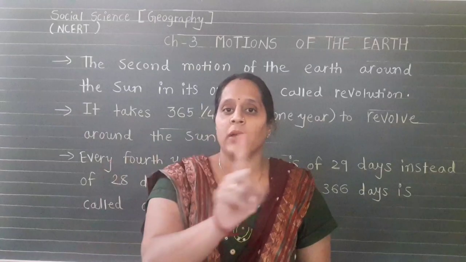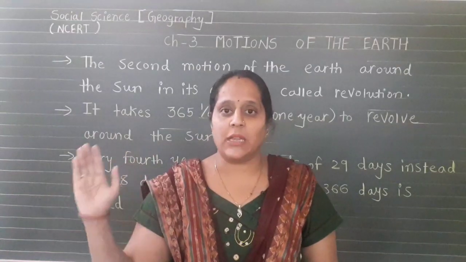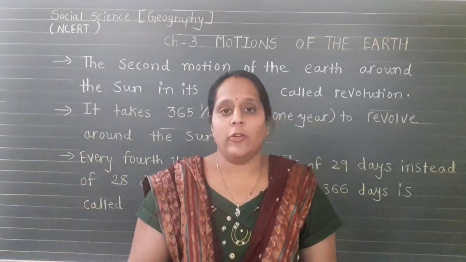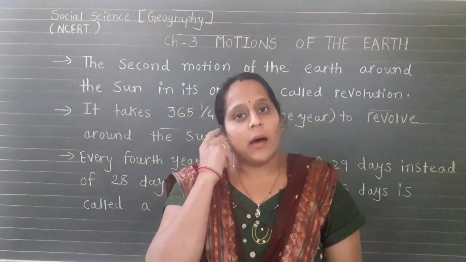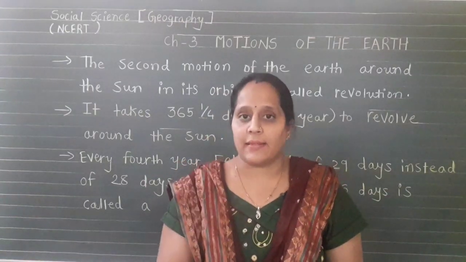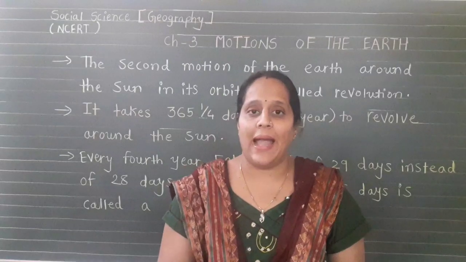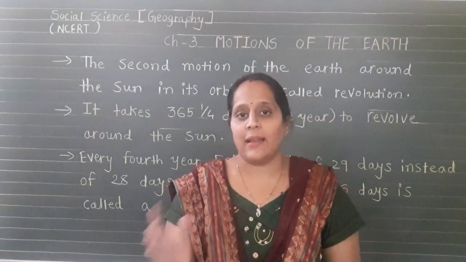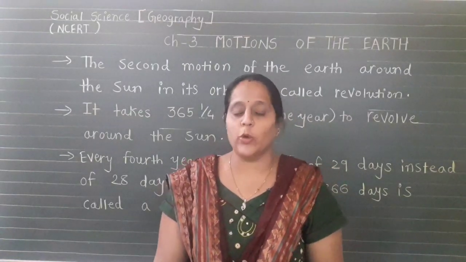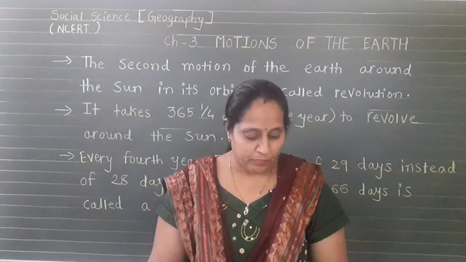Means in an oval shape our Earth revolves. It takes 366 days in a leap year, and in a normal year it takes 365 days to revolve one round.